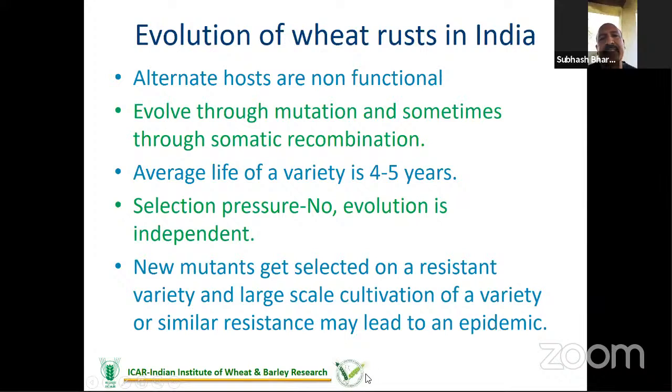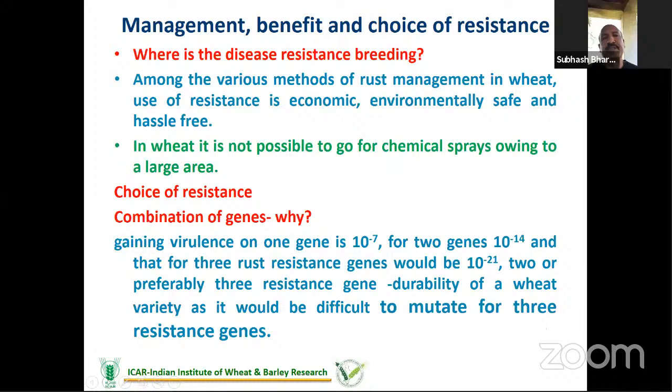We trust they do not have any alternate host like Australia and many other countries. So evolution is more with the help of mutation. That mutation is very high because we have a high production of spores in the case of rust. And if one mutant is there in, say, 10⁻⁷, so many mutants can be there.